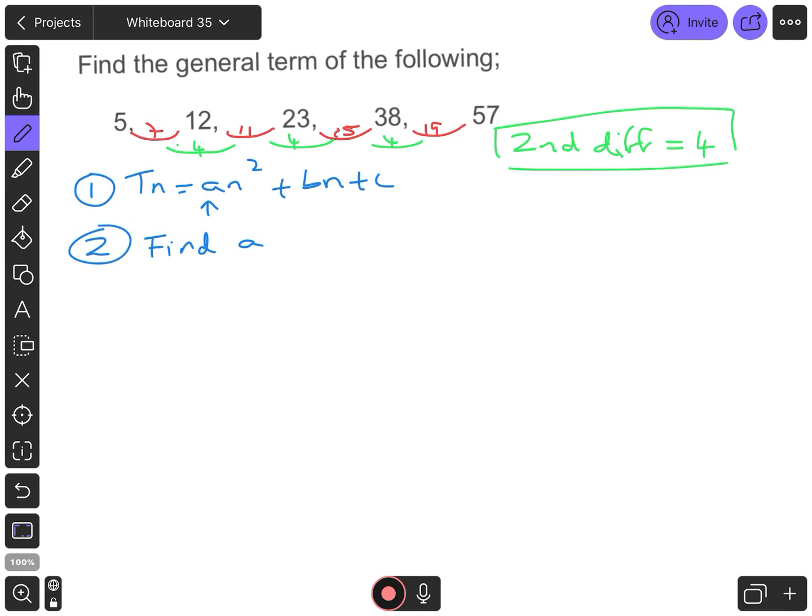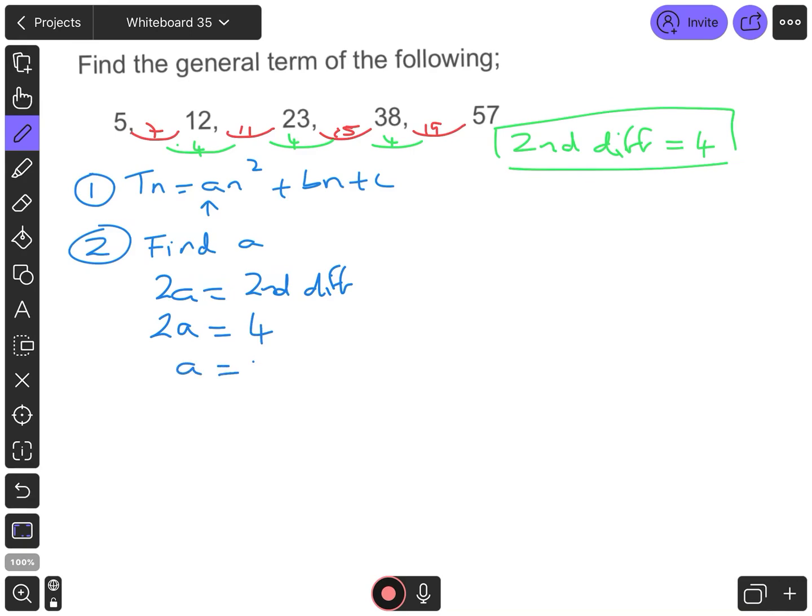For my first step, we wrote out the general term. For the second step, I'm finding a, which is the first part of my general equation. I know that 2 times my a value will equal my second difference. So 2 times a is equal to 4, which was our second difference.